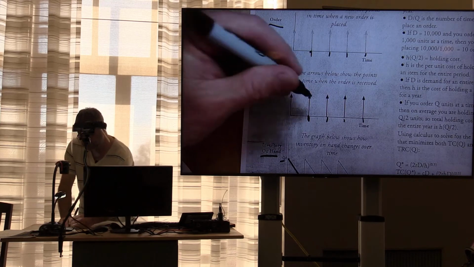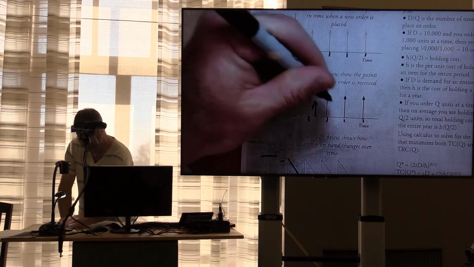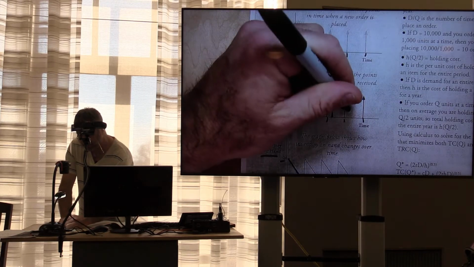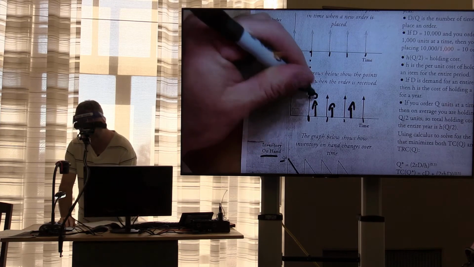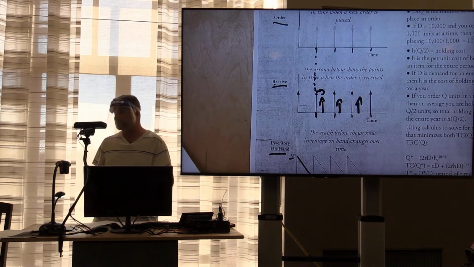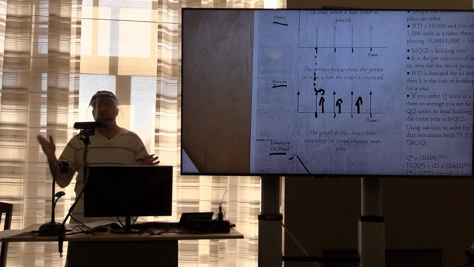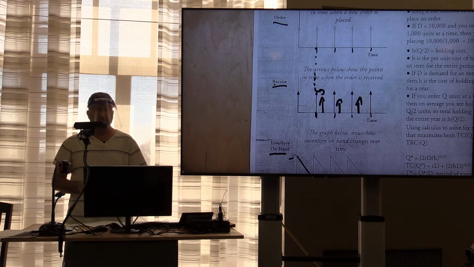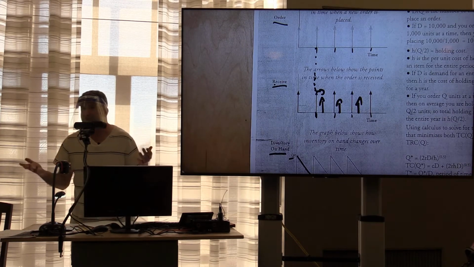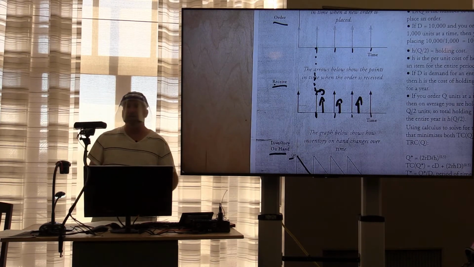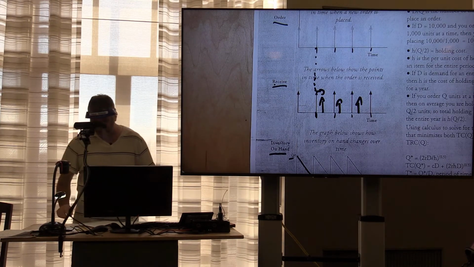And so maybe now, instead of an arrow here, there's an arrow a little to the right, because even though we're placing the order here, it takes a little time for the order to arrive. And the only thing this is going to change about our model is when we place the order. It's not going to change the optimal order size, not going to change Q, it's not going to change T, it's not going to change any of that. The only thing that matters is when we place the order.